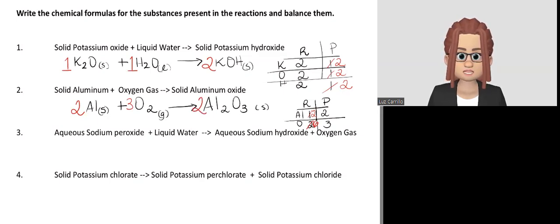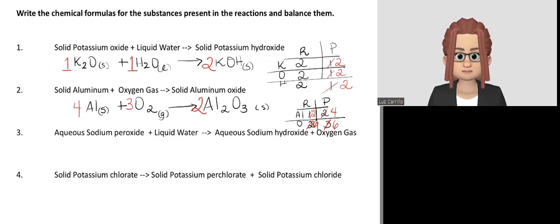If I do that, my oxygen goes to 6 atoms, and now my oxygens are balanced, but my aluminums went to a value of 4. So that value of 2 that I started with, I have to erase, and now I have to place a value of 4 before the aluminum.